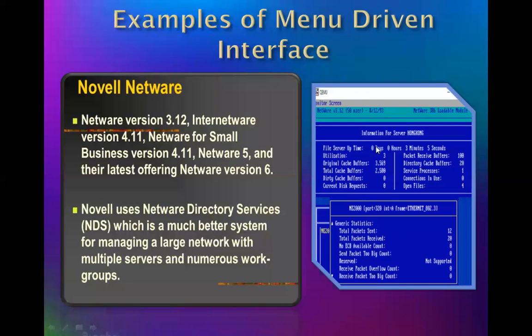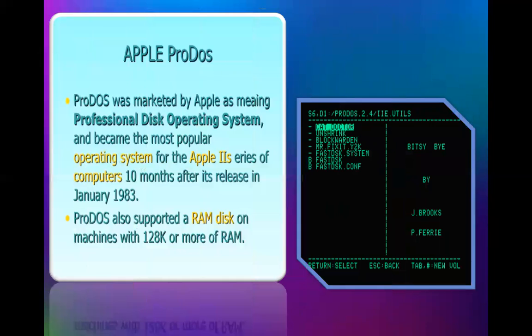As you notice in this figure, it is the Novell NetWare interface, where all options appear in the form of menus, and many menus appear on a single screen, and because of this sometimes the user becomes frustrated or confused.